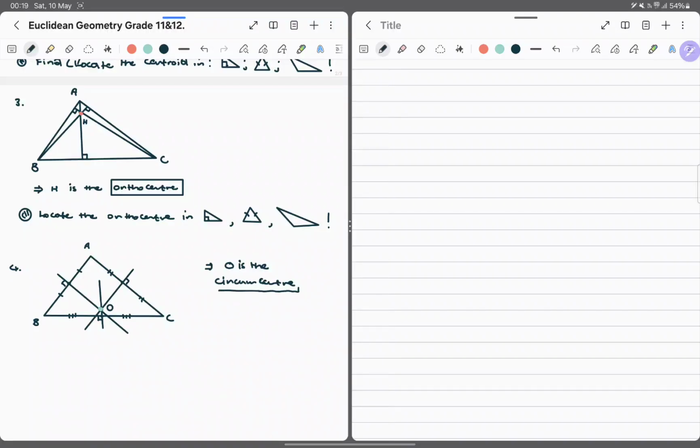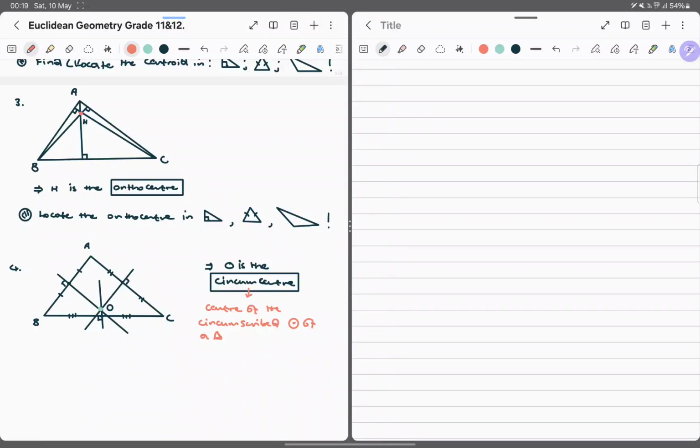Hear the word circumcenter. What does that word mean? This is the center of the circumscribed circle of a triangle.